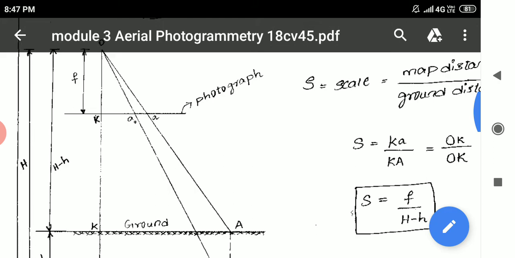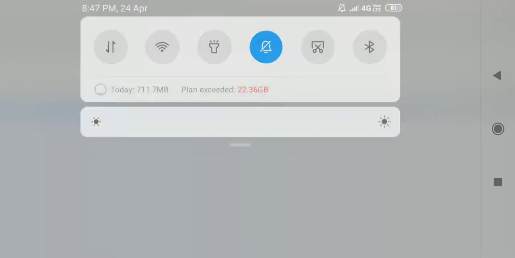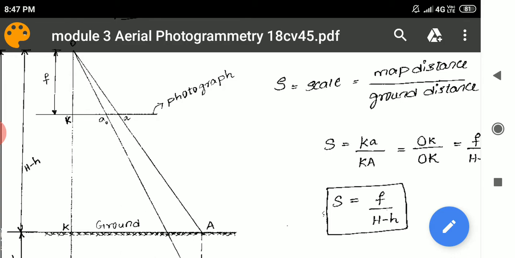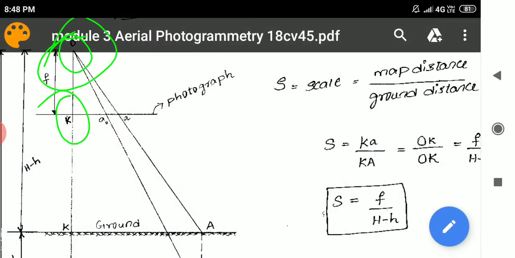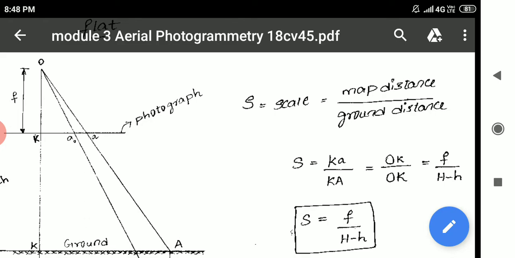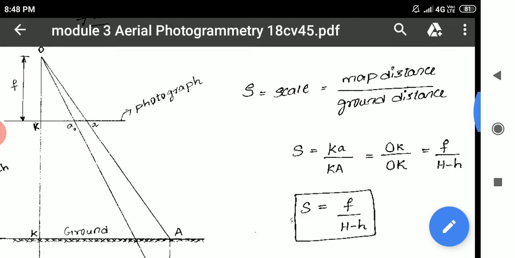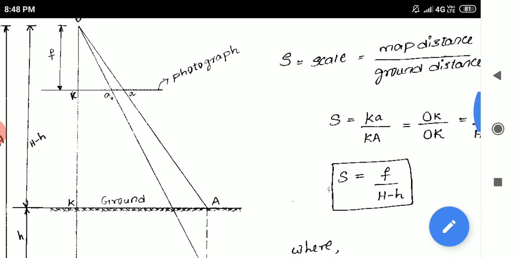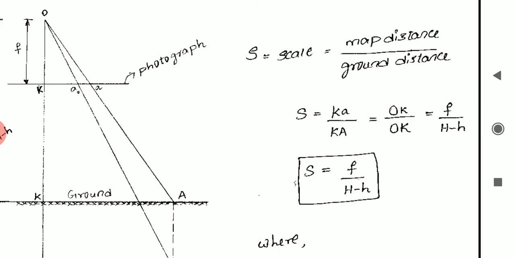By the sine rule, KA is O small k divided by ground distance O capital K. Here O small k is nothing but f, and O capital K is H minus h. So the scale becomes f divided by H minus h.